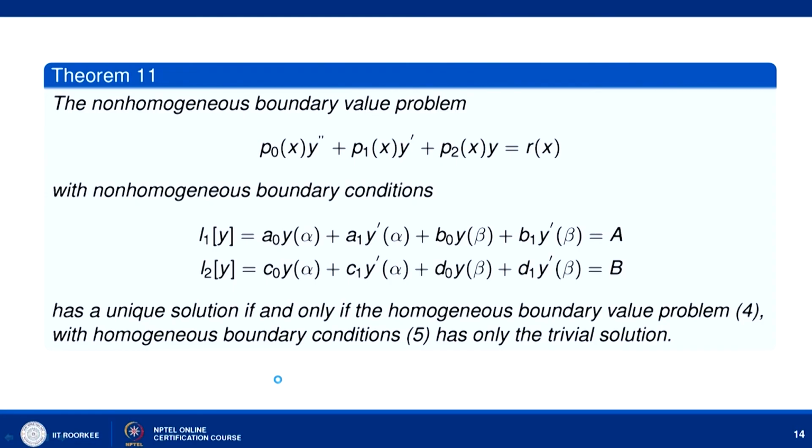This has a unique solution if and only if the homogeneous boundary value problem with homogeneous boundary conditions has only the trivial solution. That is why whatever we have discussed is very useful in finding the unique solution for a non-homogeneous boundary value problem. So if the homogeneous boundary value problem has only the trivial solution, then the non-homogeneous boundary value problem will have a unique solution. Let us see how the proof goes.